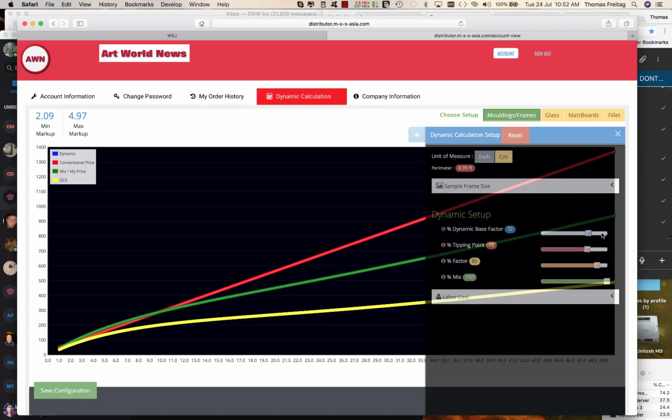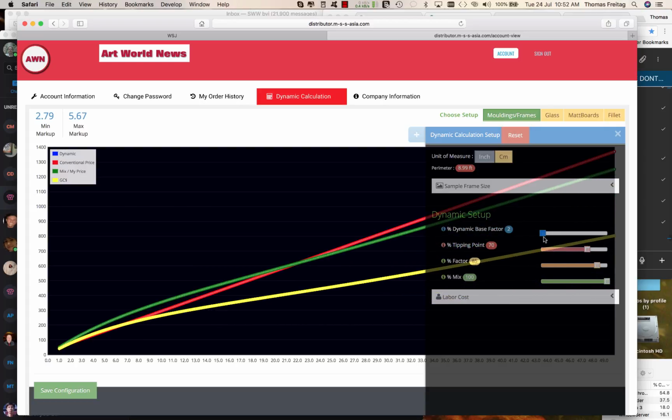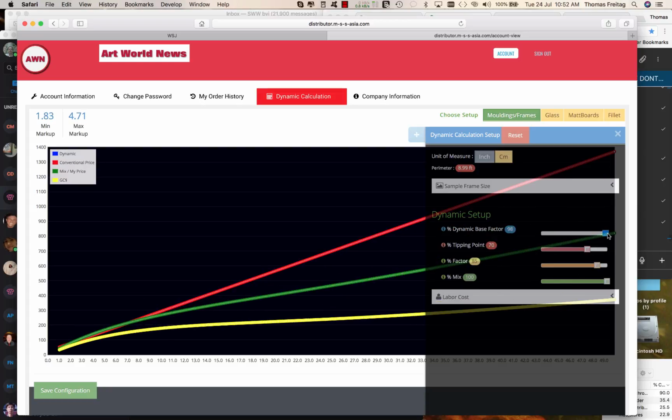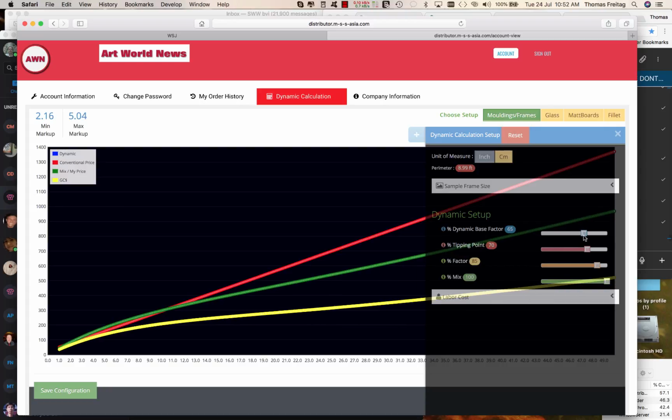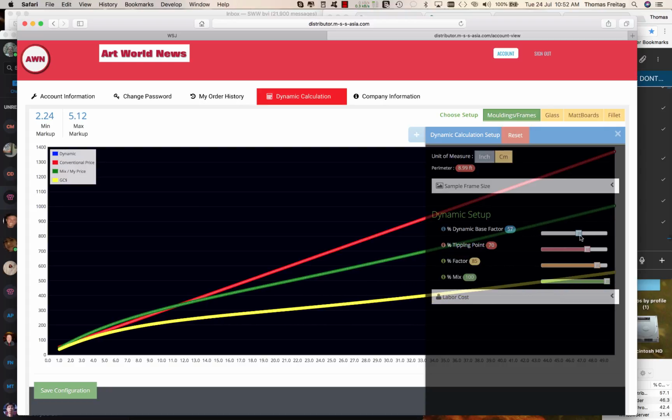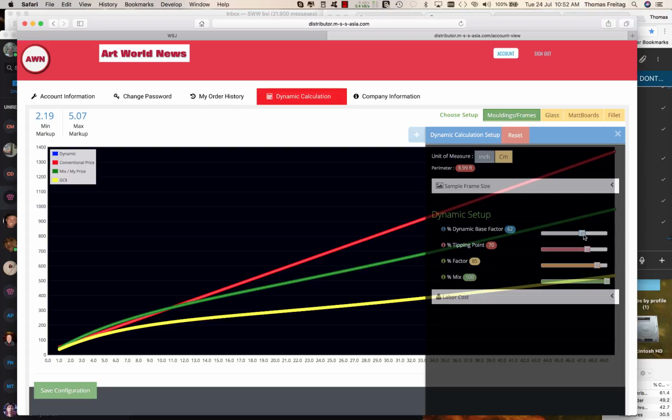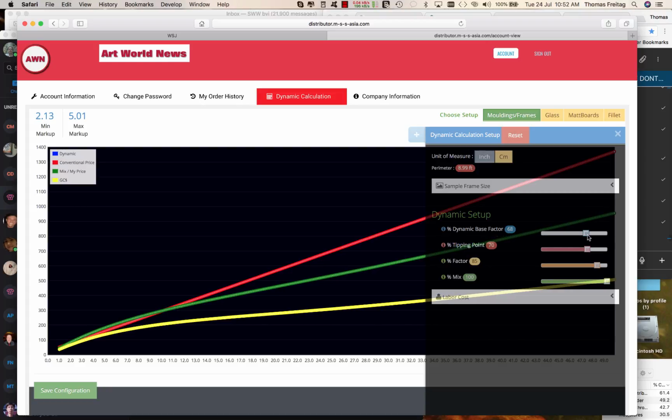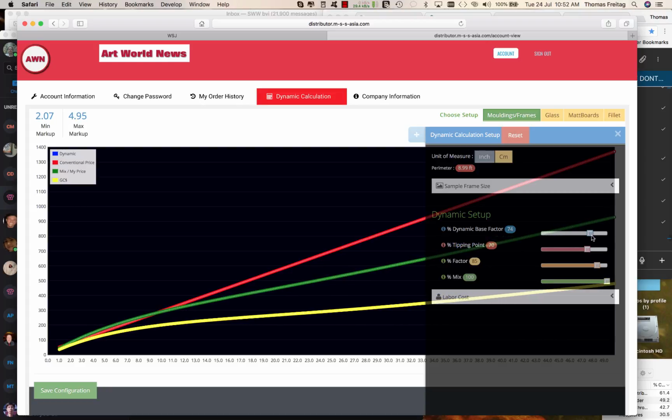Now we're moving on to the blue slider. The blue slider adjusts your minimum markup. You can go from 2.8 to 1.8. It also adjusts how steep the dynamic is. As a suggestion, I would leave it at around 2.